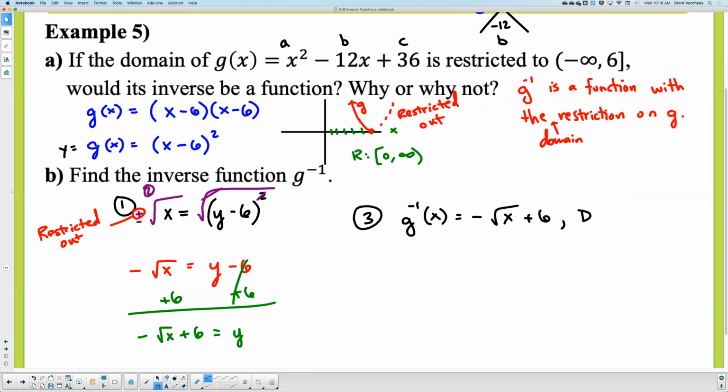No, negative 3 to 6, or negative infinity to 6. I'm sorry, that's not the domain. Oh, it's going to be this one's range. It's going to be 0 to infinity, or you could say it this way: x is greater than or equal to 0. There's your answer right there.